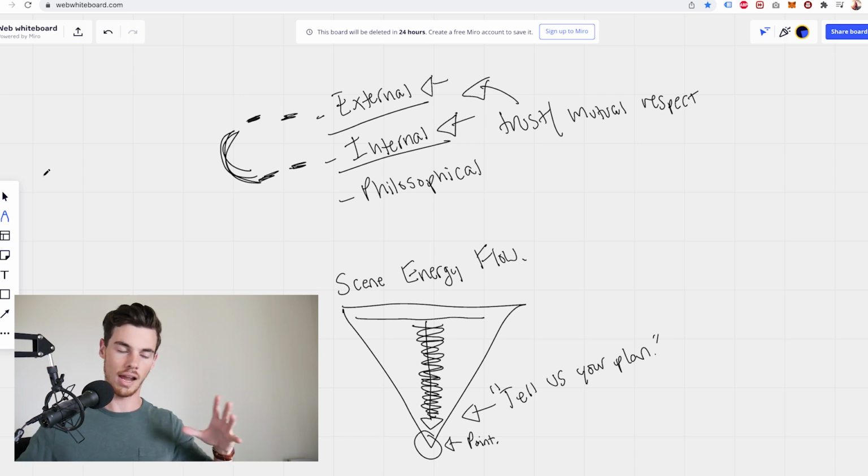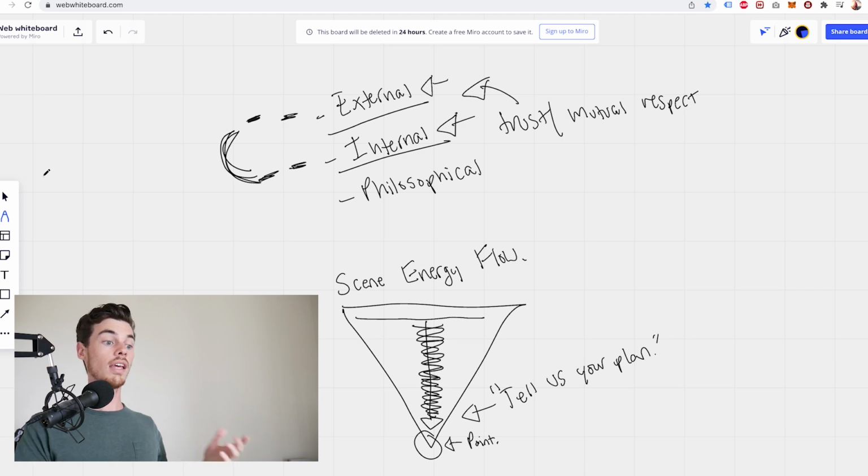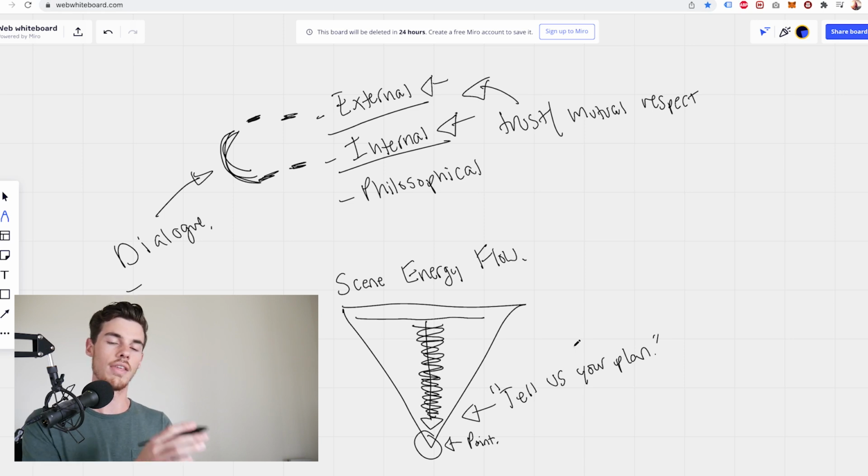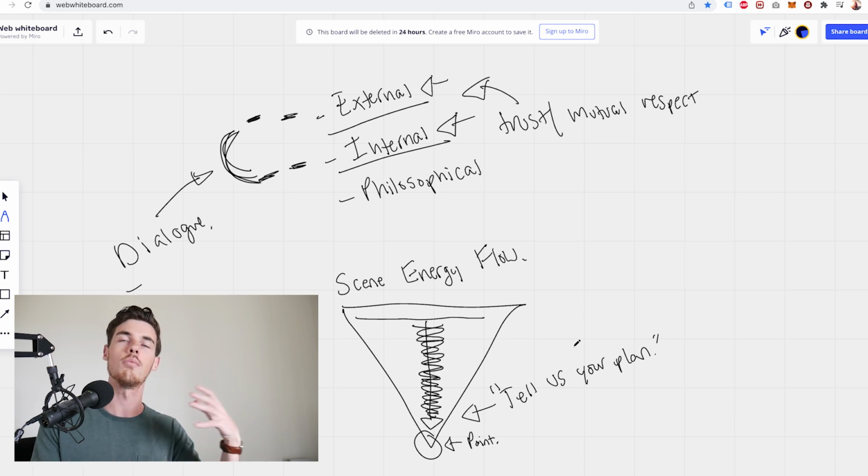So this is how you want to be thinking about your scenes, right? So then the question is, people come into like dialogue. It's like, how do you actually write dialogue like this? Well, first off, what I would say is, understand how your dialogue relates to these ideas, external, internal, philosophical. And then from there, it's going to be practice. It's going to be really knowing your characters. It's going to be getting more involved.